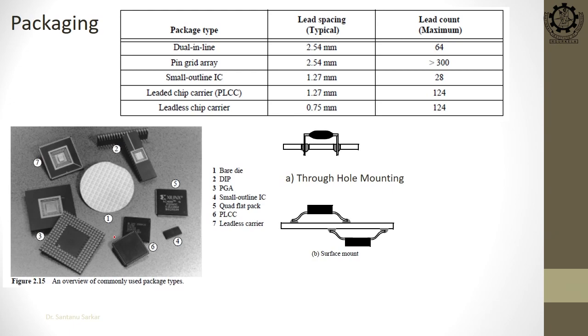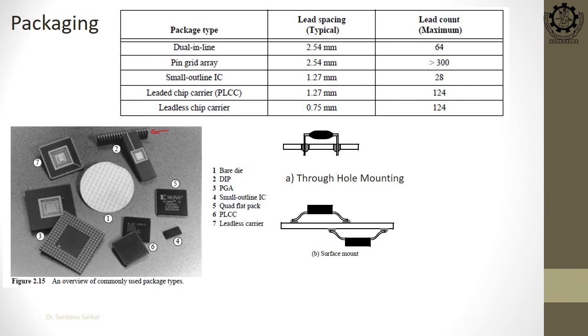So, these are different types of package materials. For low cost and simpler applications we have the DIP package, that is dual in line package, where on both sides of the IC we have the pins, right. In the DIP package you can understand that pin density is less, all the pins are taking much area.